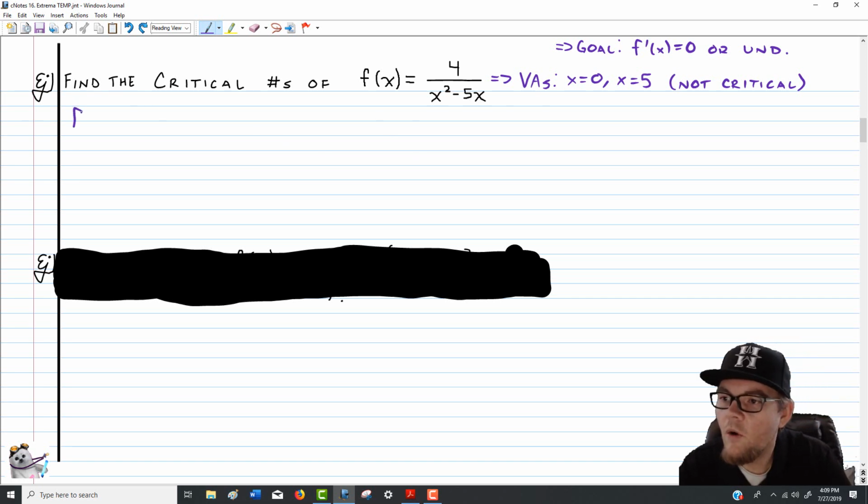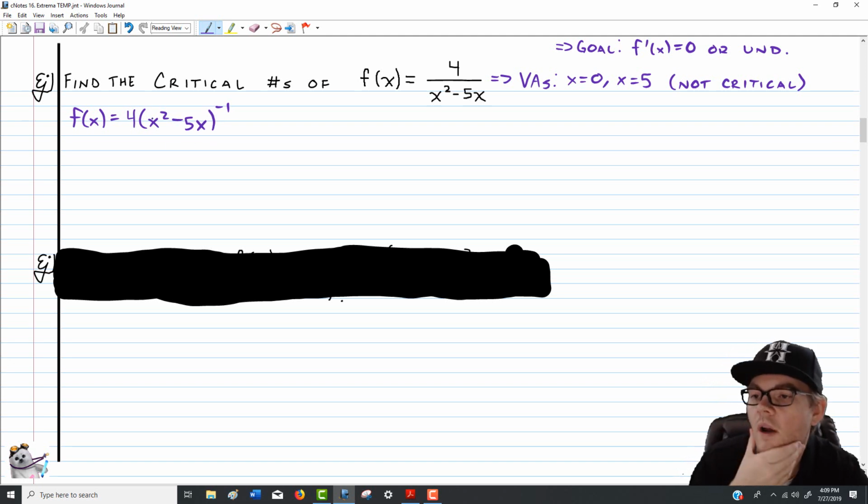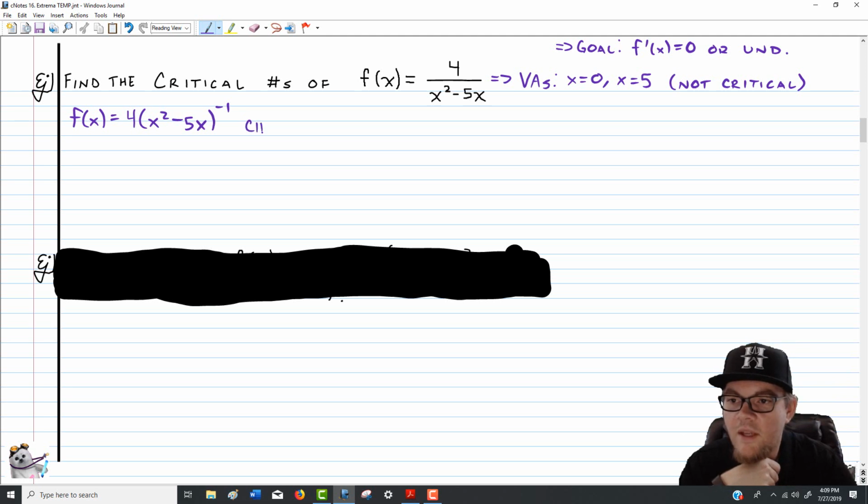So let's see. In order to get there, I need to take the derivative of f of x. To help me, I'm going to rewrite this function in an easier to read form. This is 4 times the quantity x squared minus 5x to the negative 1. And when I see that, that makes me think of the chain rule. You thought you could escape the chain rule. Mwahahaha, you could not.